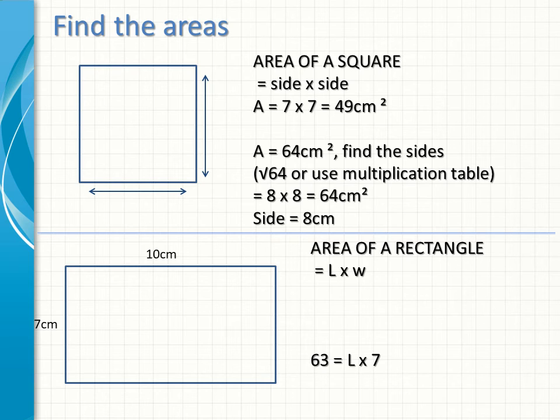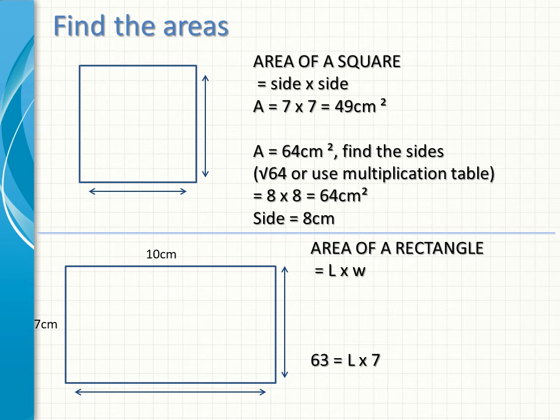Now let's look at the rectangle. We have a rectangle here, and of course we always have the length and the width. Please remember, for a rectangle, the area is length times width. Here, where the arrow just popped up is the length, and the width is where the second arrow just popped up.